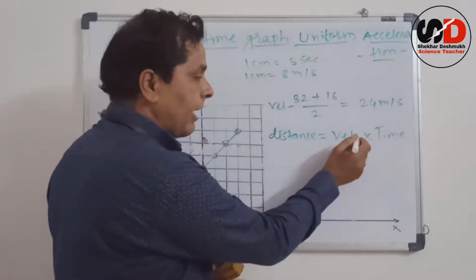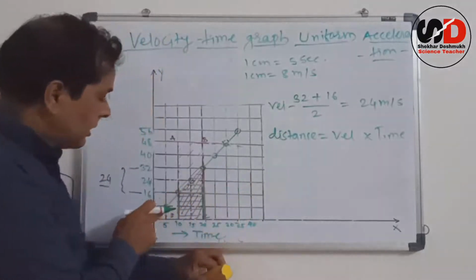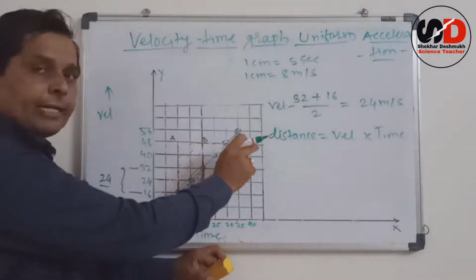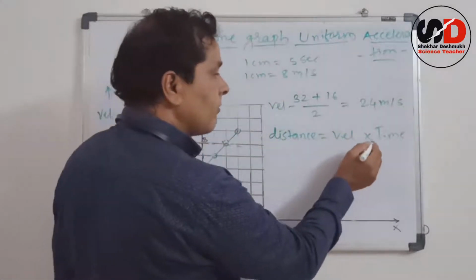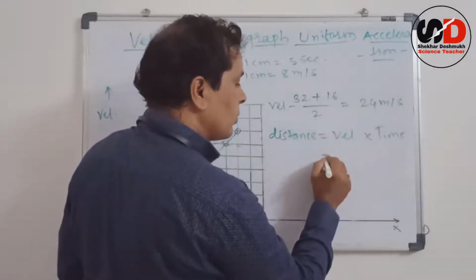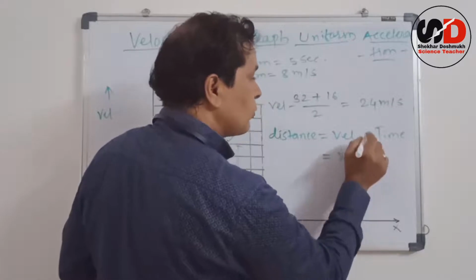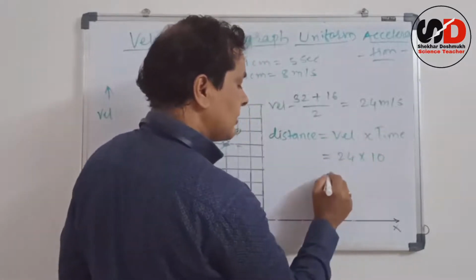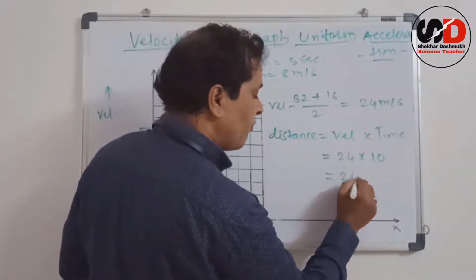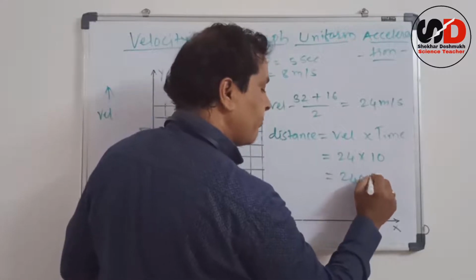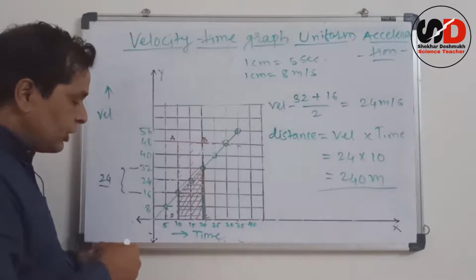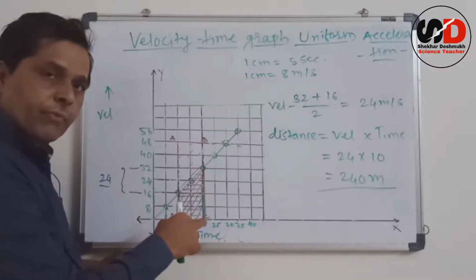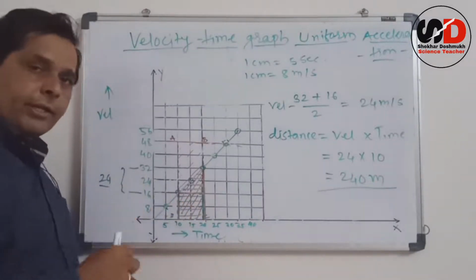We take the average velocity because it is not a straight line graph. So the average velocity is 24, and 24 into the time of 10 seconds is 240 meters. This is the distance covered between these 10 seconds, 10 to 20.